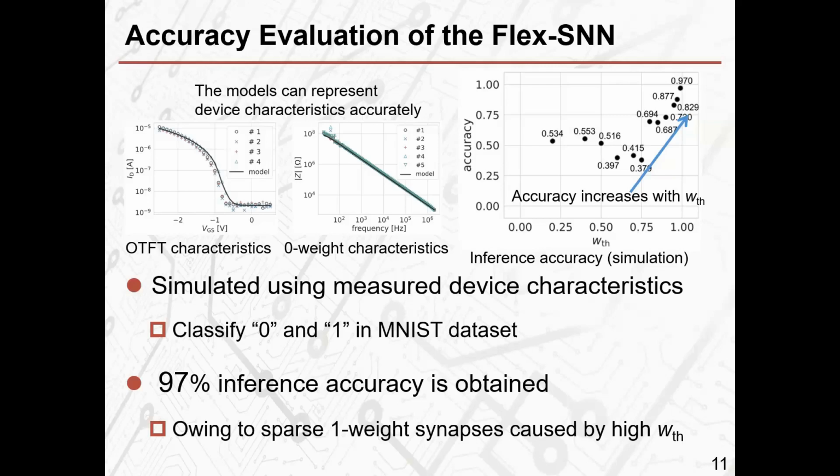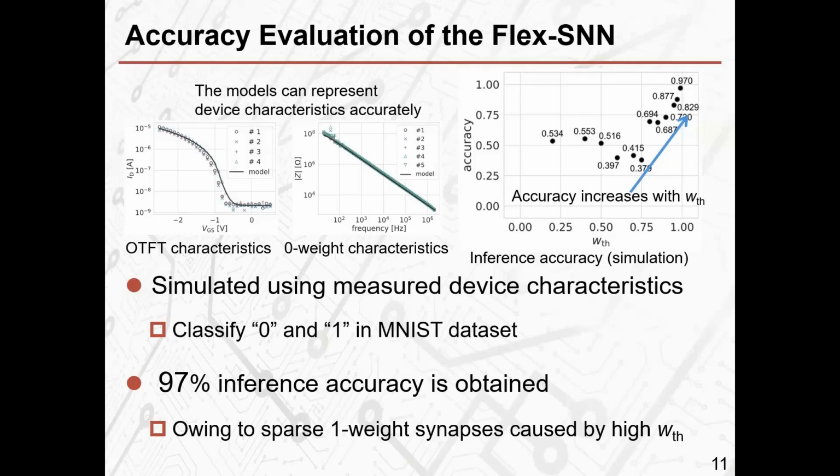And the inference accuracy versus WTH is shown in the rightmost figure. As shown in this figure, the accuracy increases with WTH, and 97% inference accuracy is obtained at WTH equals 0.99.